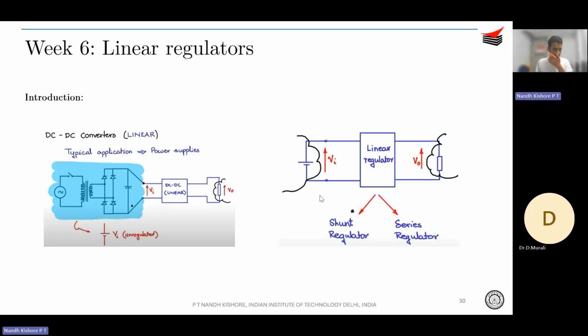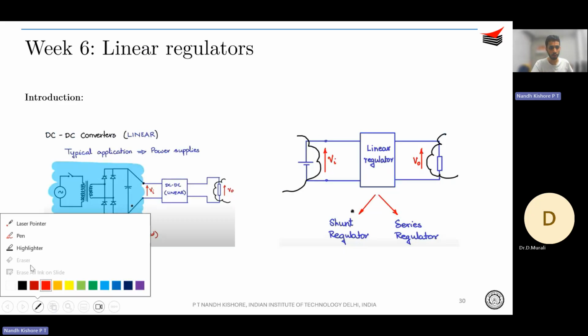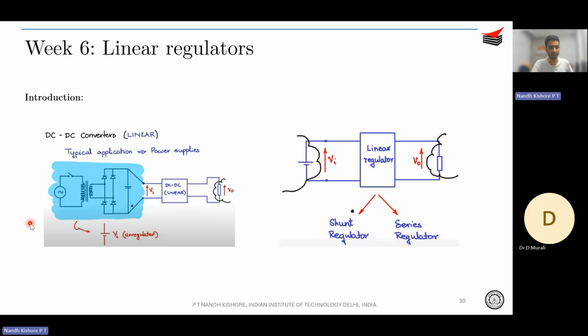So we have used the AC/DC converter to get a stiff DC at the output of the AC/DC converter. But from there, how do we get a regulated DC output, right? We know that the output of an AC/DC converter is kind of uncontrolled, so we don't have any control over that if we don't use ECRs.